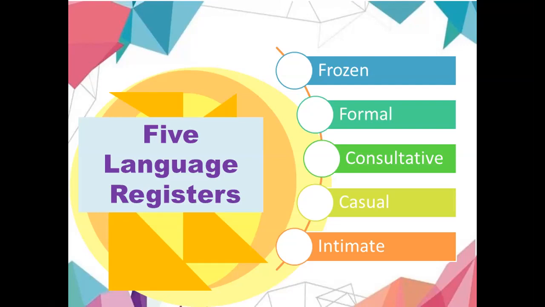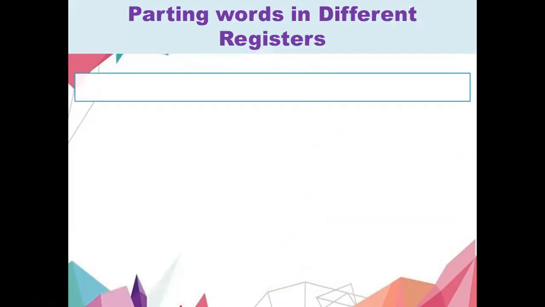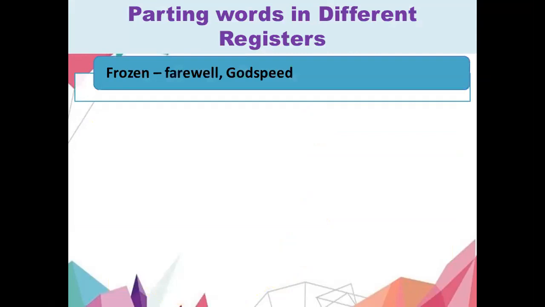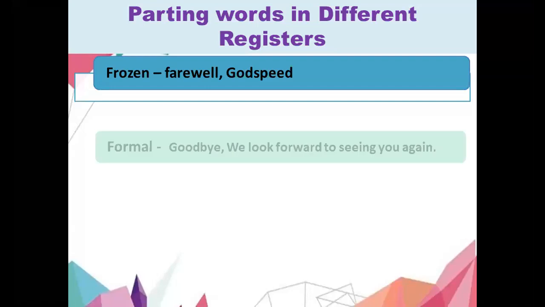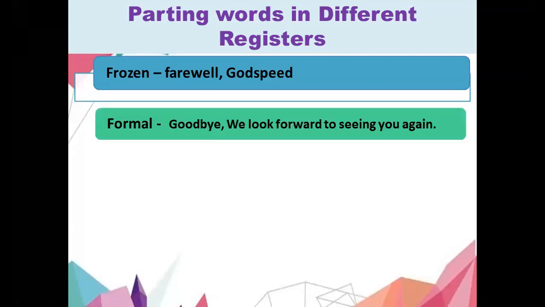There are parting words that are reflected in the use of different registers. Number one is frozen, such as farewell or Godspeed. Another example for the formal language register is goodbye, we look forward to seeing you again.